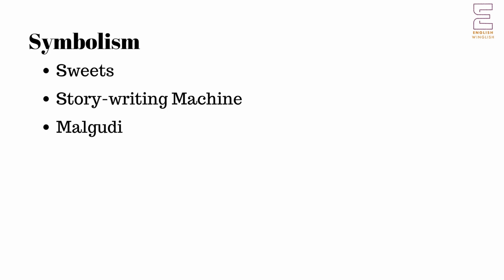Story writing machine. Modernity and innovation. The story writing machine that Mali wants to develop symbolizes modernity and technological innovation. It represents a new way of thinking and living that is starkly different from the traditional methods and values embodied by Jagan.